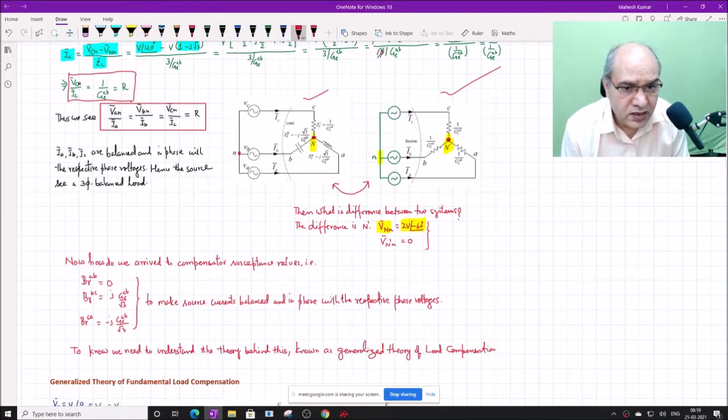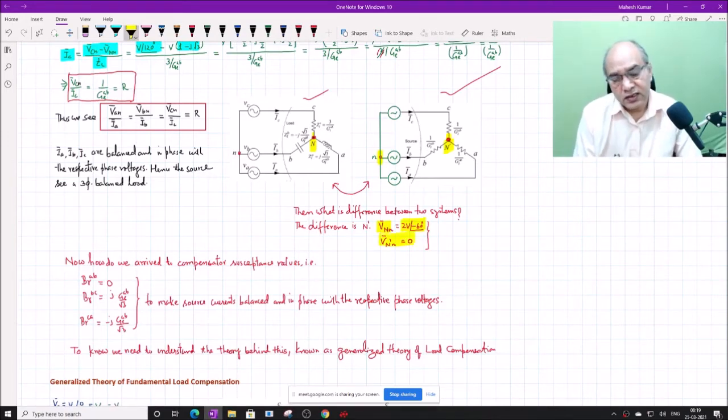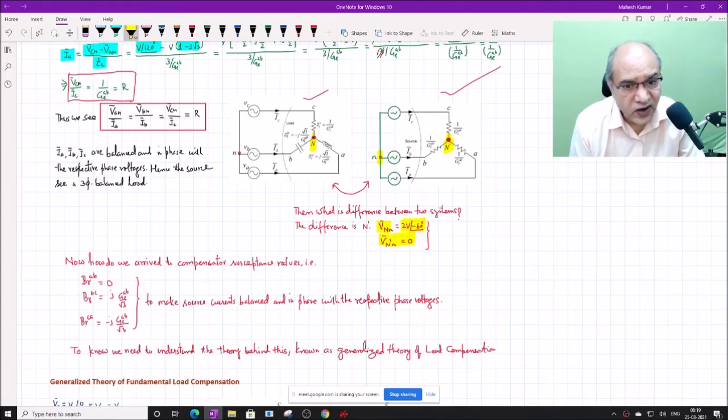That's why the circuit behavior with respect to neutral is different. If I ground this neutral, it does not make any difference. It is as if I have grounded a virtual ground, and then it is a perfectly balanced circuit, whereas you cannot ground this.